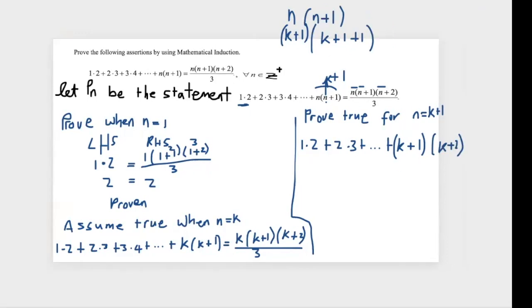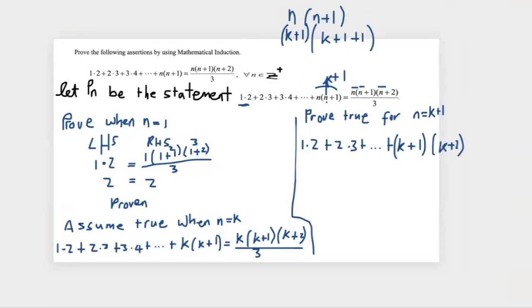For the right-hand side, I'm going to do the same thing, where I see n, I am going to replace it with k plus 1. So I'll have k plus 1 here. So what I did was replace this n with k plus 1, and this n plus 1 becomes k plus 1 plus another 1.